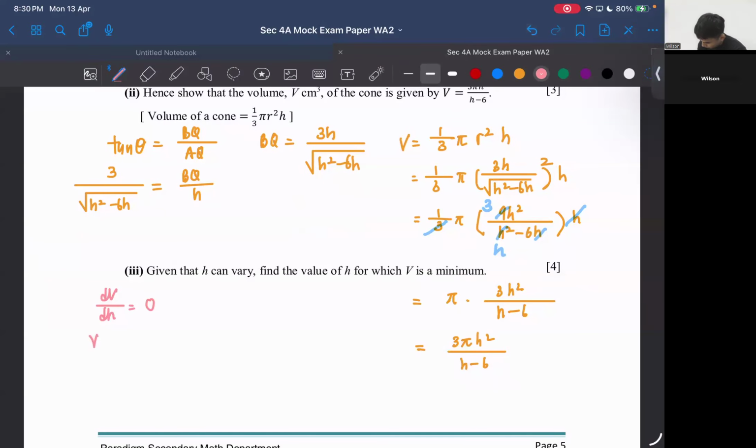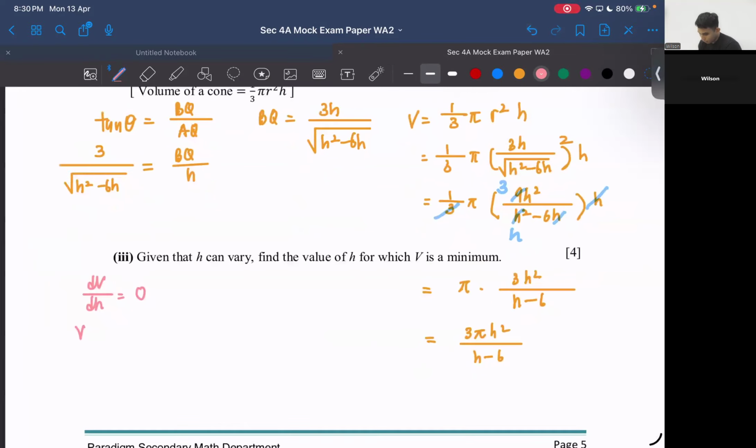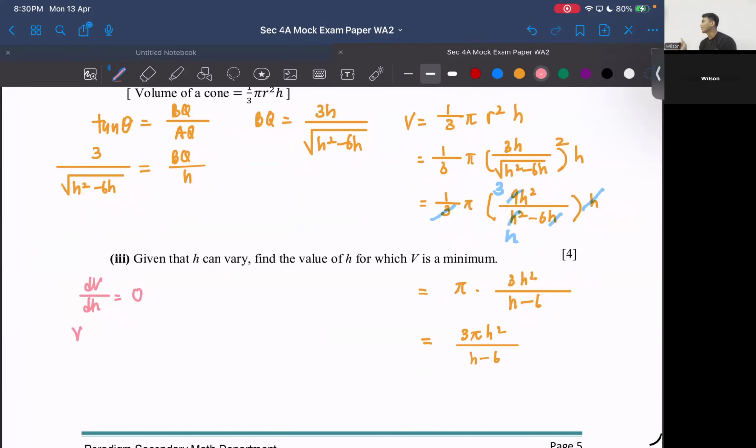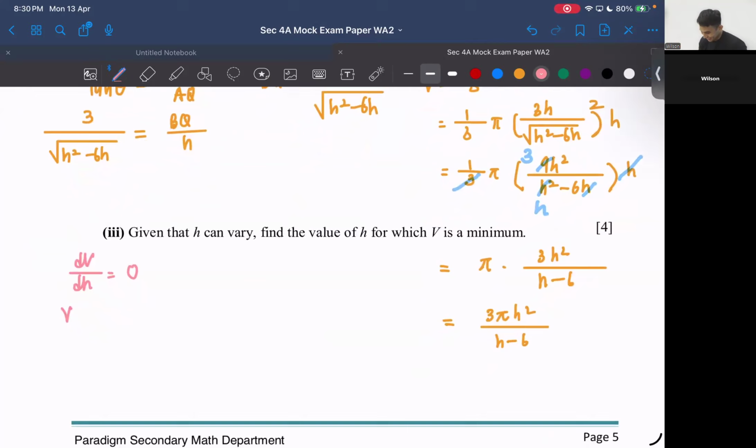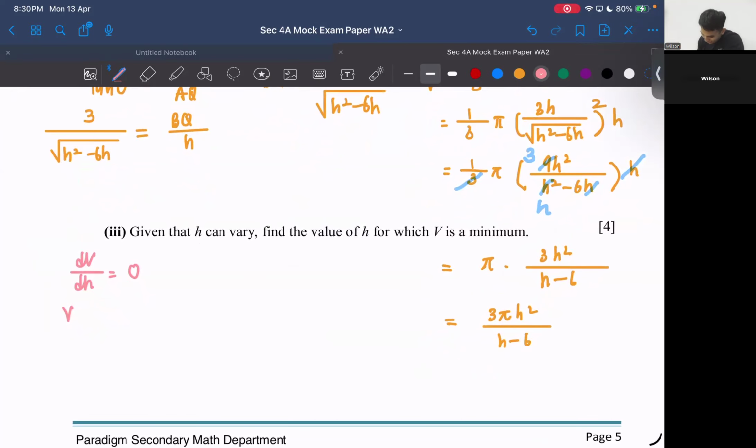So V is equal to this, a long step. Can you all go and differentiate? Use the quotient rule. Let's do our dV over dH together. I'm going to use my quotient rule. So the bottom will be H minus 6, squared. Differentiate the top, which will be 6 pi H.